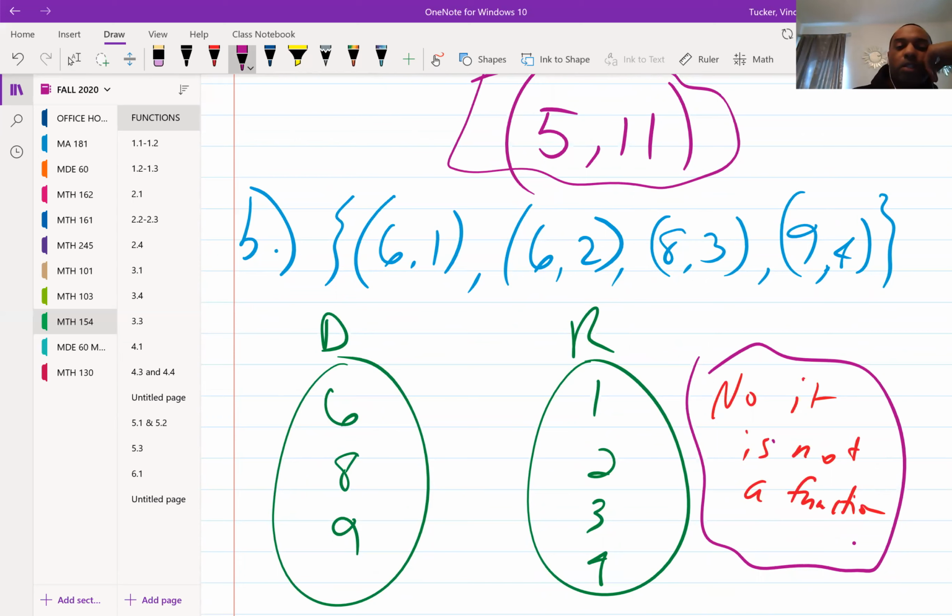All right. So when I look at the number 6 in my domain, it goes to 1, but it also goes to 2. So since 6 goes to 2 different numbers, our domain goes to more than one number. It's not a function.